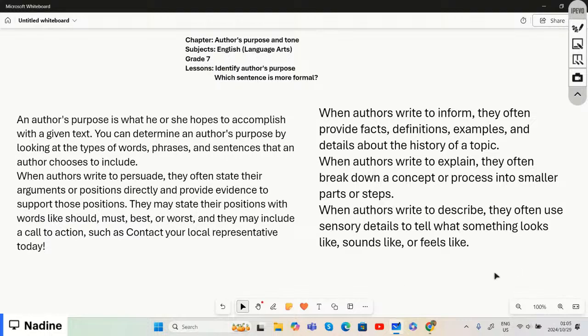All right. So when it comes to author's purpose and tone, within a sentence, the author's purpose, if you even look at the word purpose, usually tells us what he or she hopes to accomplish within a given text.